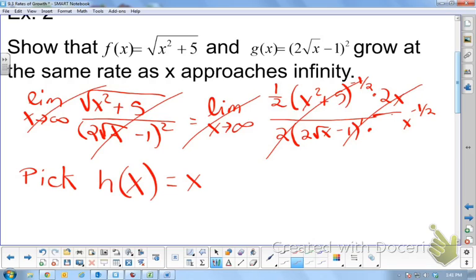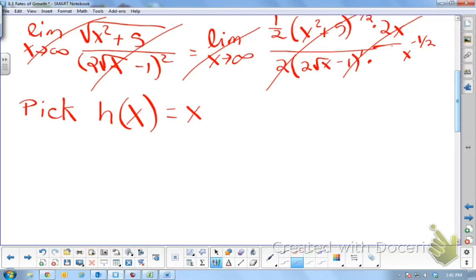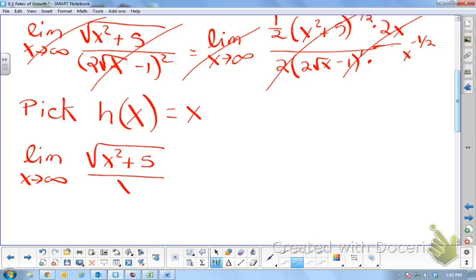So we're going to pick x and we're going to compare f of x to x and g of x to x. So we're going to compare the limit as x approaches infinity of f of x, which was square root of x squared plus 5 over x.